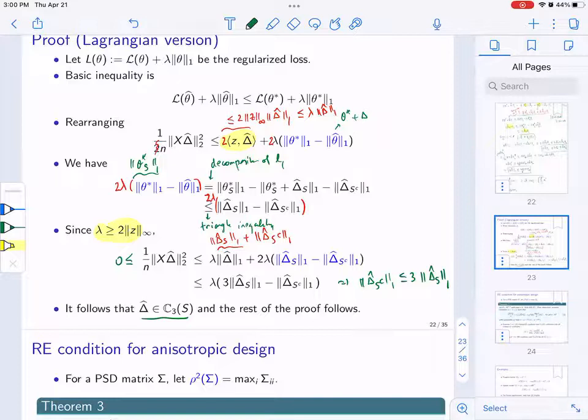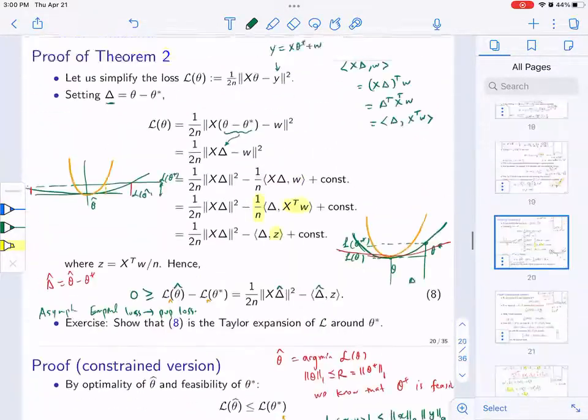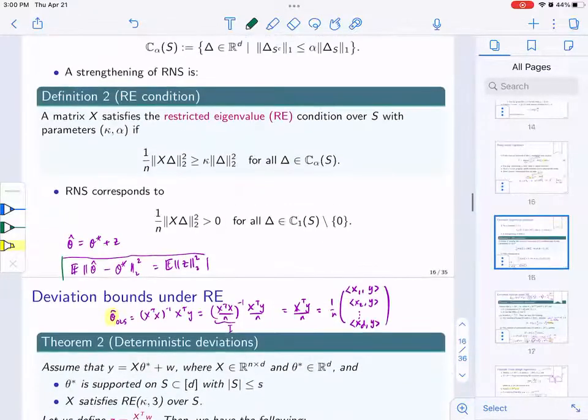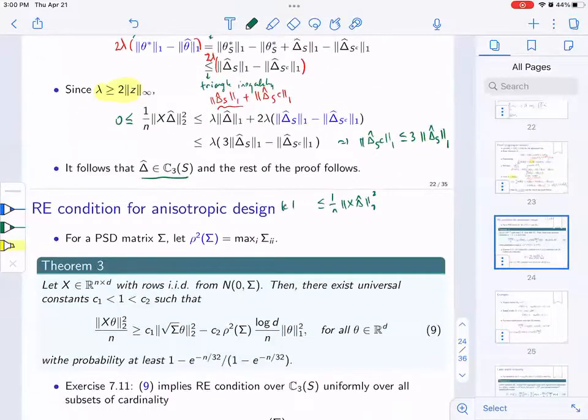Okay, so if you want, it's just 1 over n x delta hat. This is going to be bounded below by, I forgot what the condition was. Yeah, there is no 2. So this is going to be bounded by kappa delta hat 2.